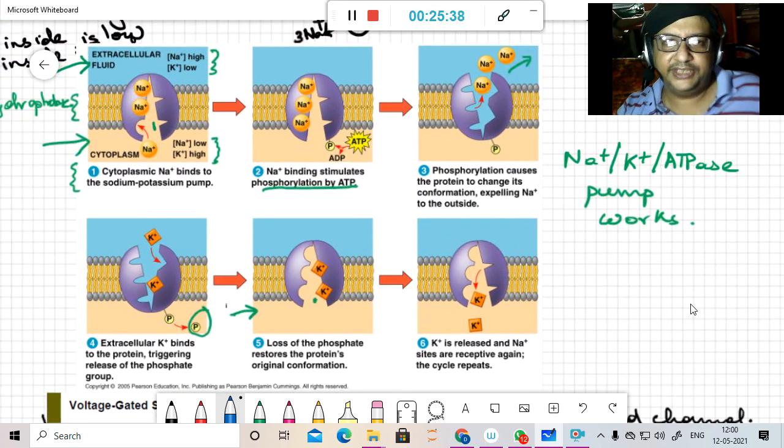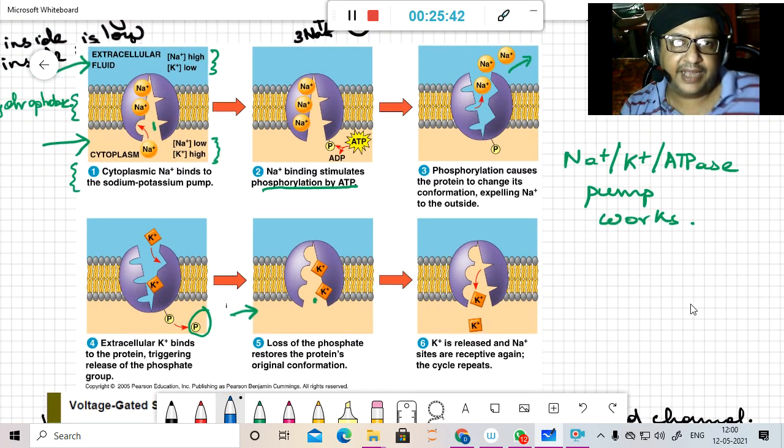So what essentially happens is that sodium concentration inside the cell is low, potassium is high, and outside you have sodium concentration high and potassium low. So cytoplasmic sodium binds to these slots inside on this pump.